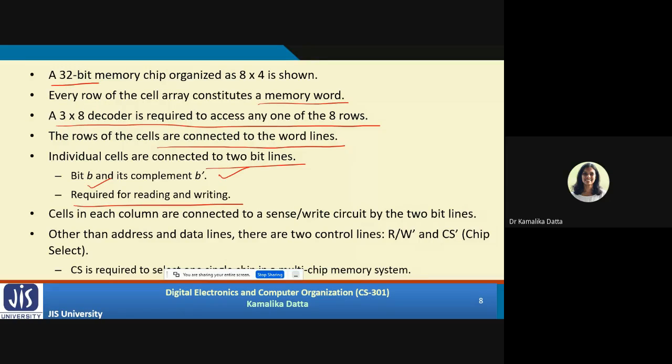Cells in each column are connected to the sense or write circuit by 2 lines. One is read write, another is chip select, and chip select is required to select one chip in a multi-chip memory system. This is all about what I discussed in the previous slide.